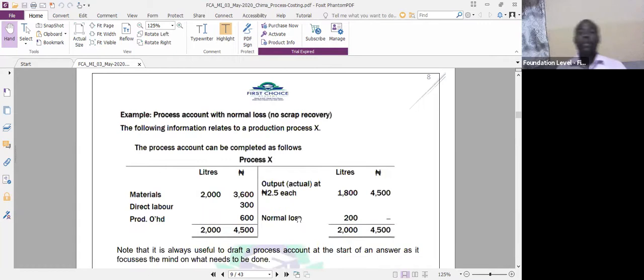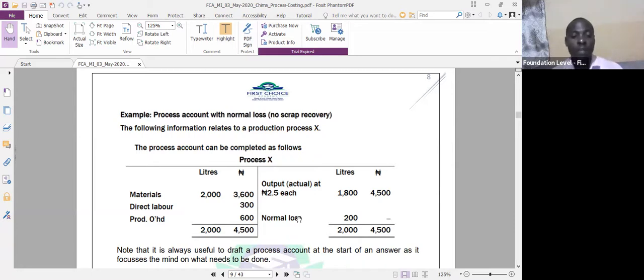Now, we looked at the last time when there was normal loss and there was no recoverable value. We are still following on that. Normal loss, no recovery.